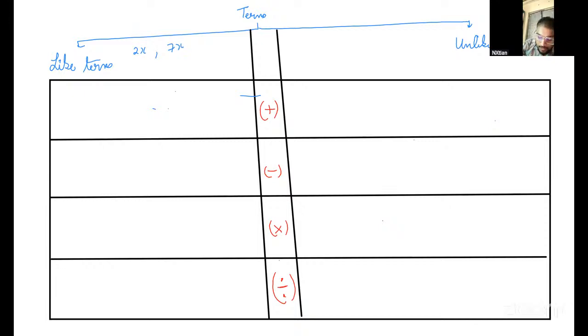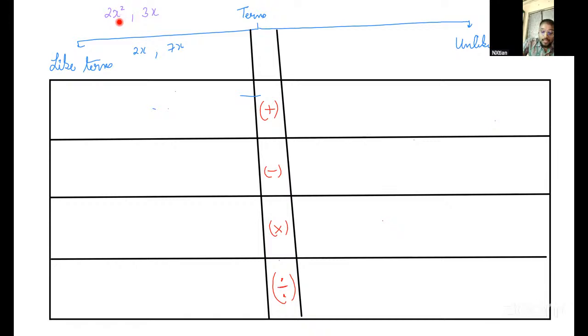Unlike terms would be like 2a and 3b. But if I ask, Ira, give me a second. If I ask about 2x squared and 3x, Ira, is it like terms? No, because it has the 2 on top.